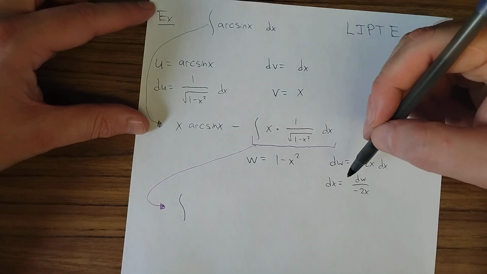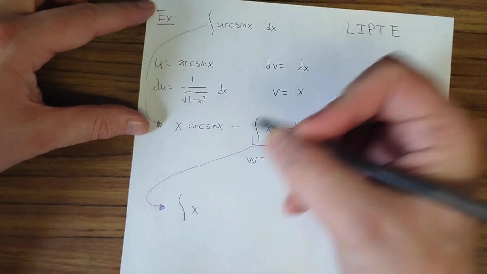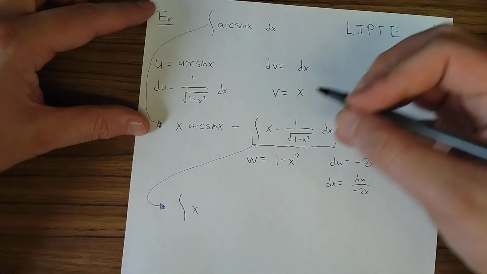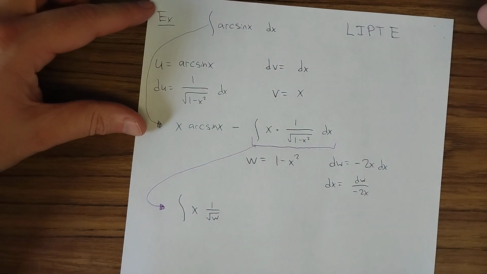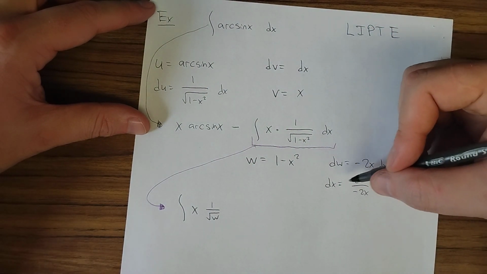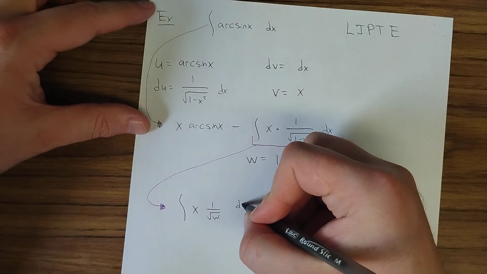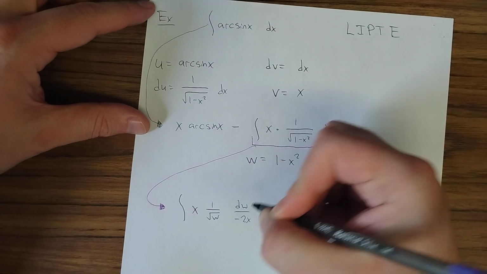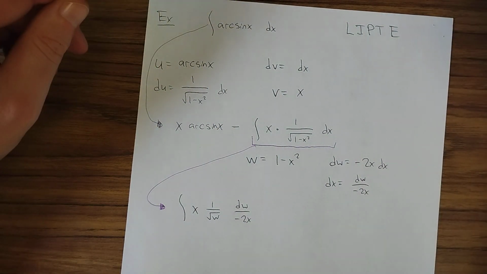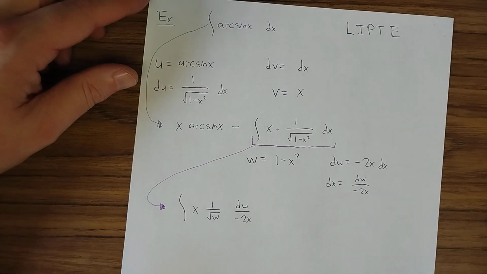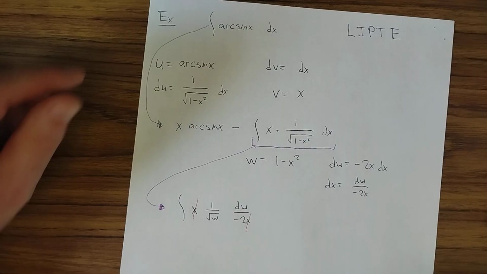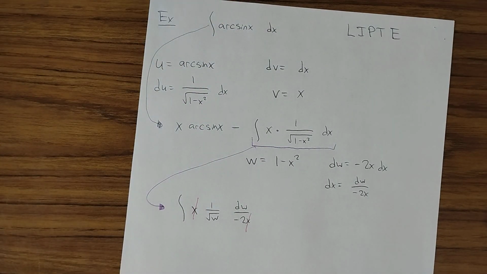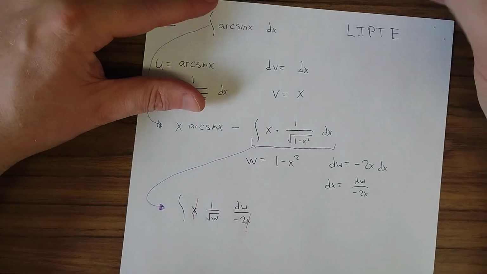This x, maybe I'm not too sure what to do with, so I'll just write x. This is 1 over the square root of w. And then dx gets replaced with what I got down here. And now, and this often happens, now I know what happens with this x, and I'm happy. All the x's just went away, so that's good. I don't want to see any x's.